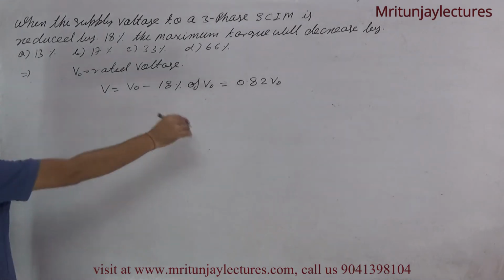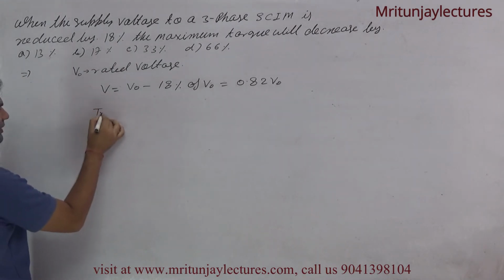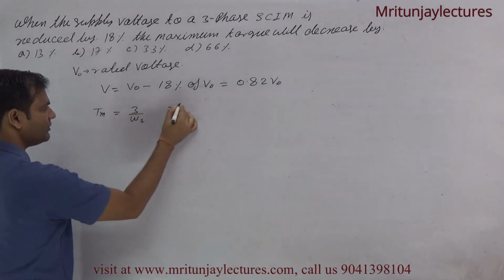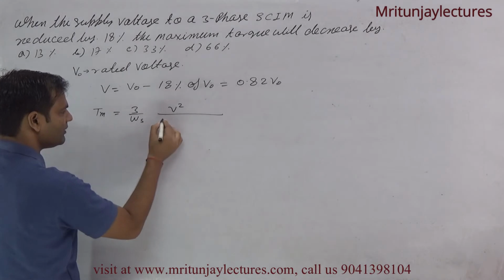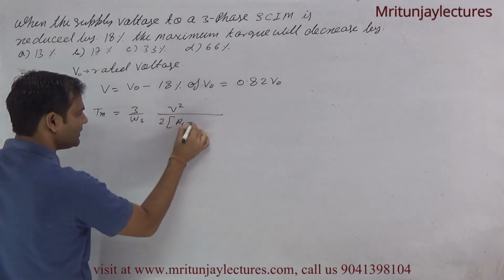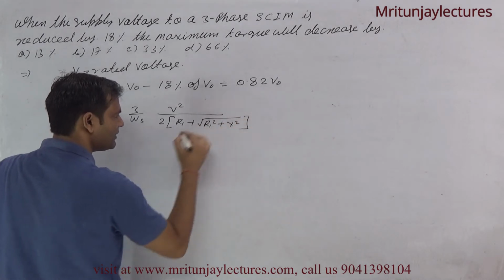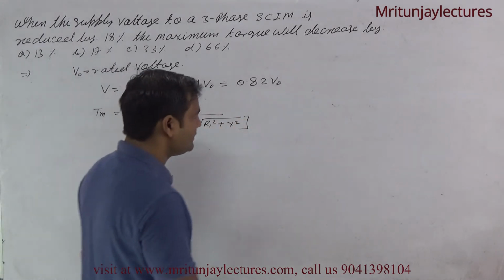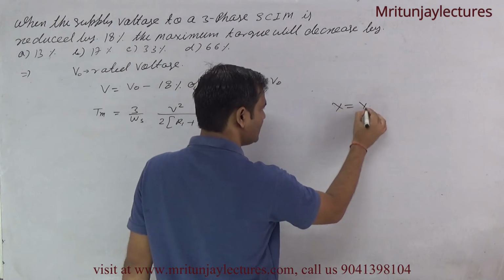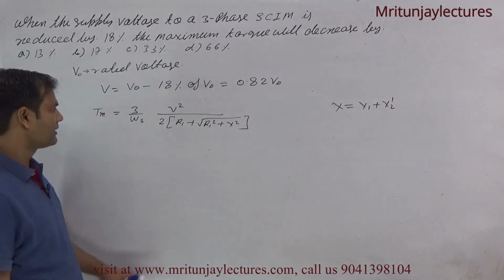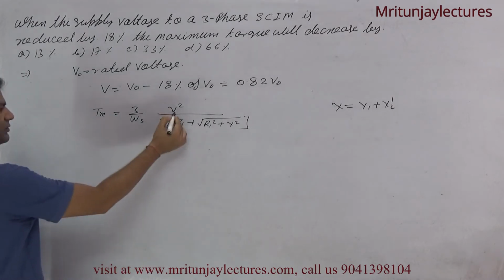I know the maximum torque formula: Tm is equal to 3 divided by omega s, V square divided by 2 times R1 plus under root R1 square plus X square, where X is equal to X1 plus X2'. That is for the rated voltage.